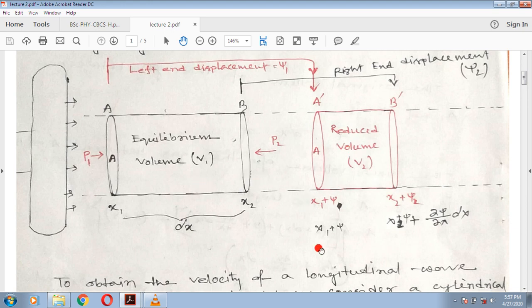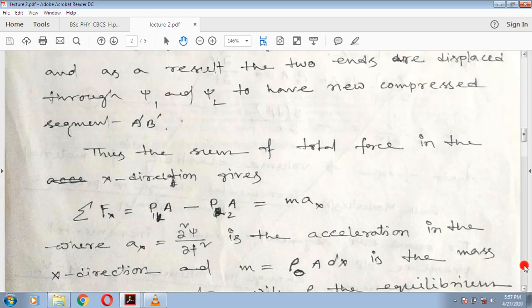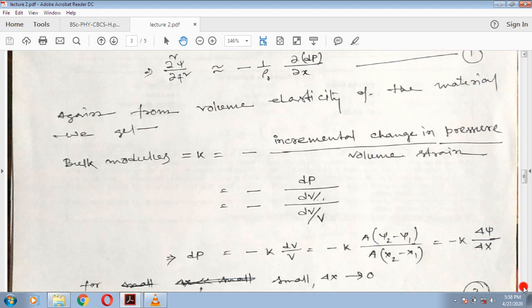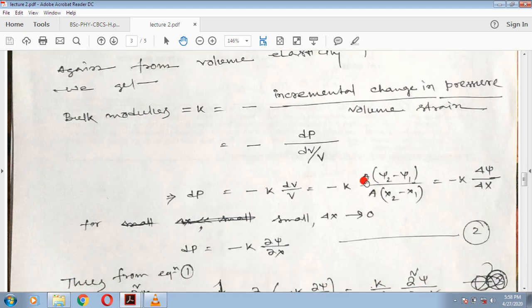So V2 is A into x2 plus psi 2 minus x1 plus psi 1. Then V1 is x2 A minus x1 A. So if we calculate the change in volume, we will have A psi 2 minus psi 1, and this is original volume A x2 minus x1.